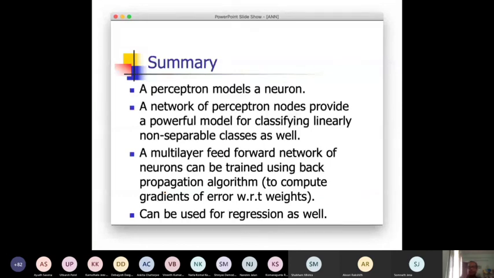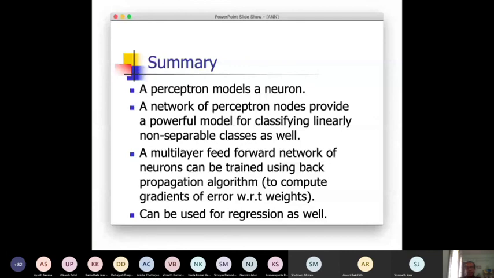So with this, let me summarize whatever we discussed about this concept. We have seen that the perceptron itself models a neuron, and an artificial neural network is nothing but a network of these perceptron nodes, and it's a very powerful model. It is used for classifying linearly non-separable classes as well.